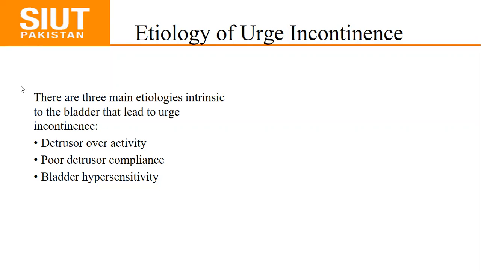Now on pressure flow study, it's only then you can label this patient as having overactive bladder, because you are seeing this patient not under anesthesia but in real time how the bladder is behaving in terms of dealing with a lot of volume coming into the bladder and how the bladder is evacuating itself. So it's a combination of storage and evacuation of the bladder.